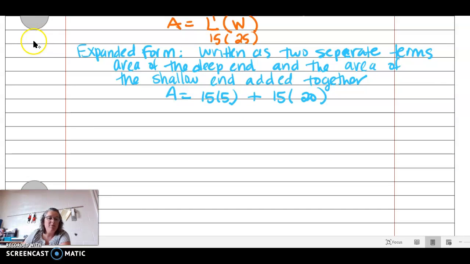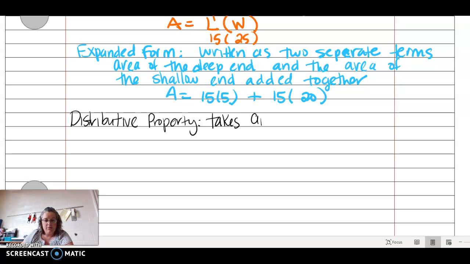The distributive property takes one form and puts it into the other. So I'm going to put distributive property. Takes an expression in one form and puts it in the other.